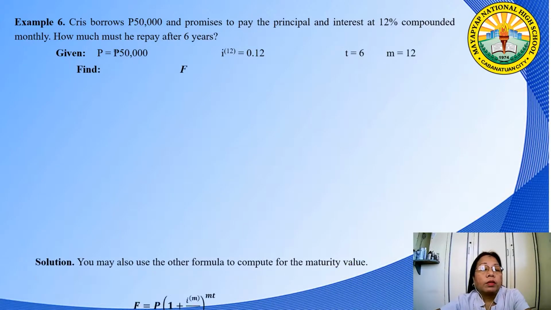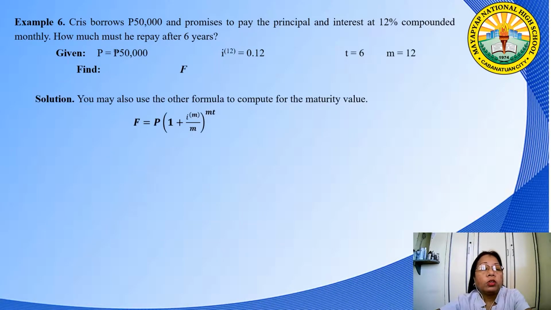You may also use the other formula to compute for the maturity value. So F equals P times quantity 1 plus i raised to m over m, raised to mt, where mt equals n. So P times quantity 1 plus 0.12 over 12 raised to 12 times 6.